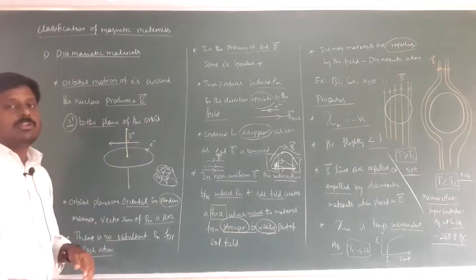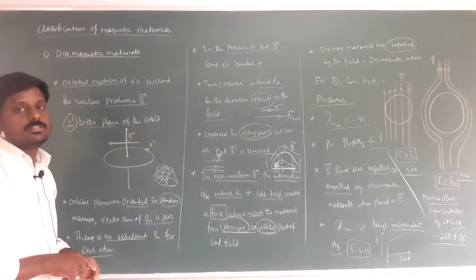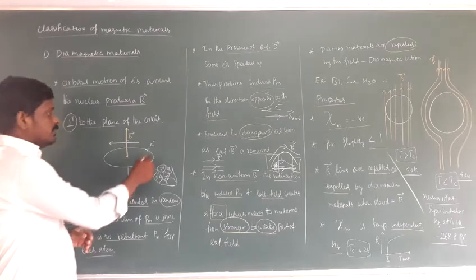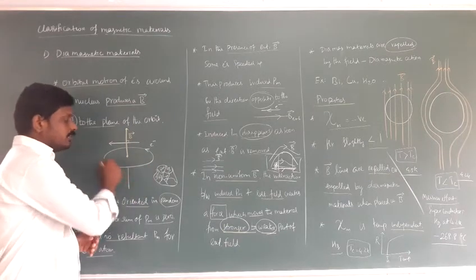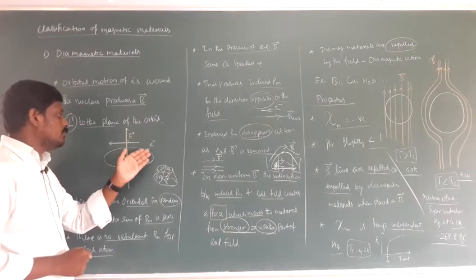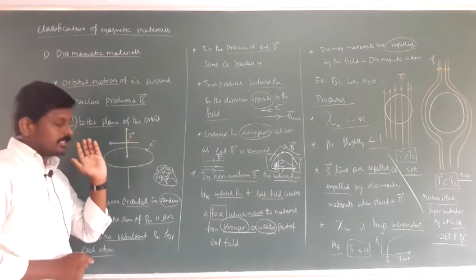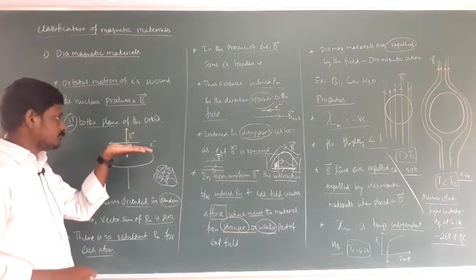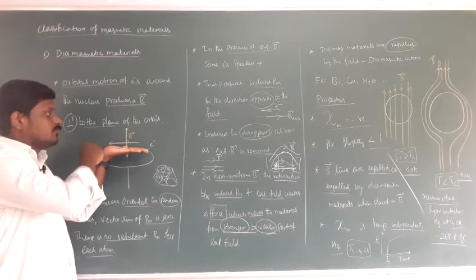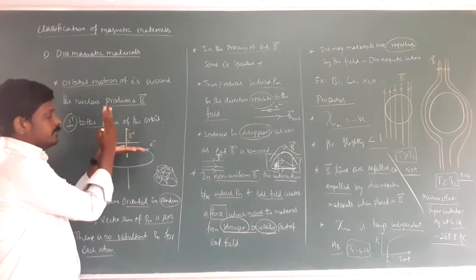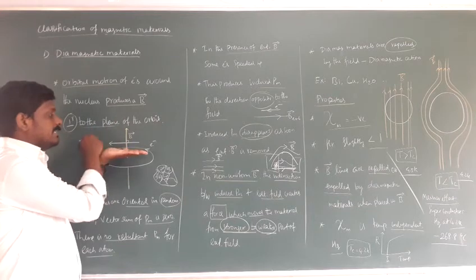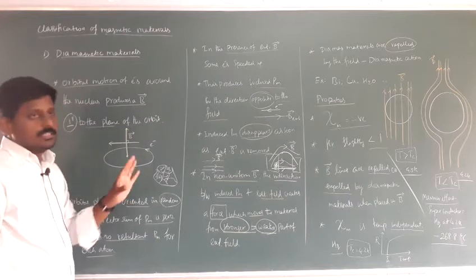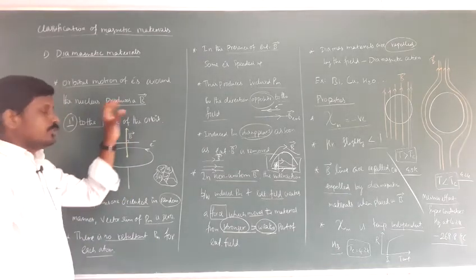Already we know the orbital motion of an electron around the nucleus produces a magnetic field.